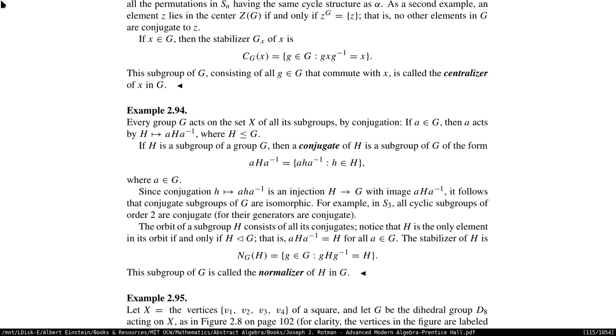That's wrong. That's wrong. I don't know if it's wrong or right. I think I'm confused about center versus centralizer.